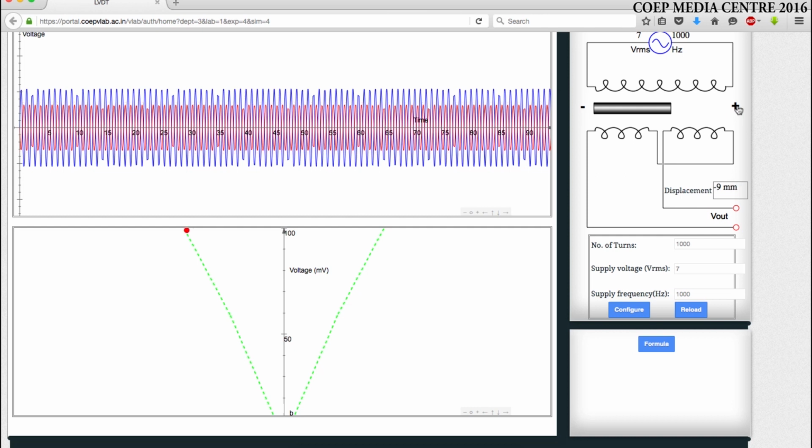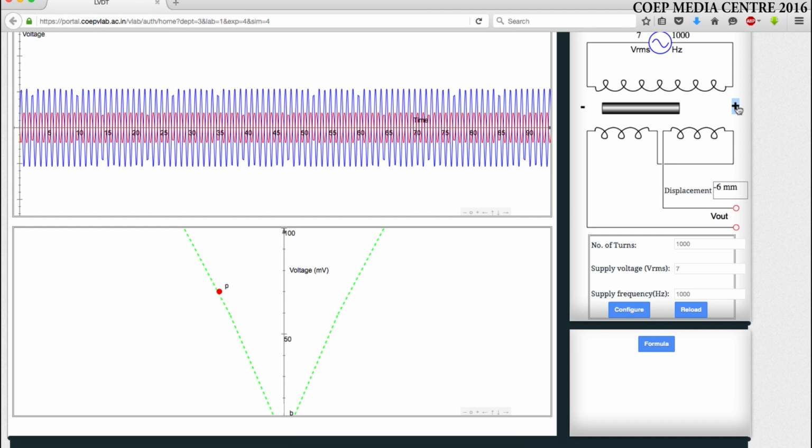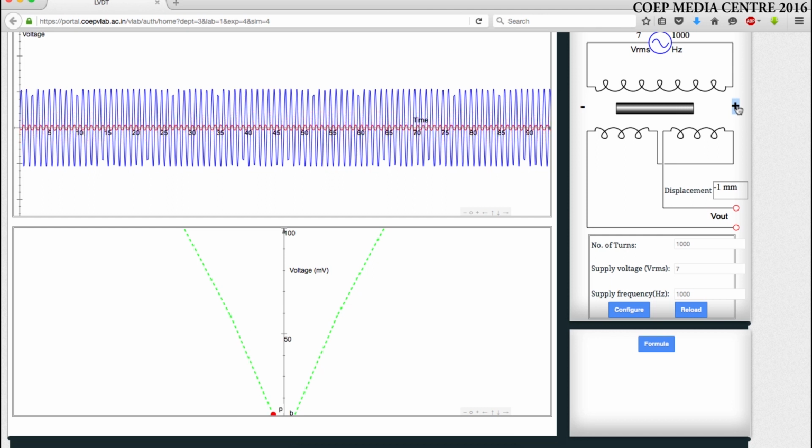Now if I move this towards plus, or towards right, then you will find two things. At center the voltage would be minimum, and look at the phase shift here. The moment I change this, you will find the phase has changed, and that's the reason I go on changing the position.